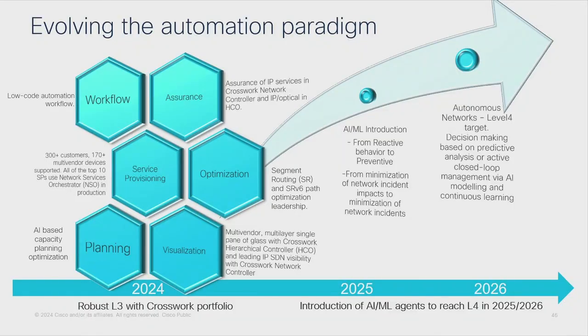And from minimization of the network incidents impact to the minimization of network incidents themselves, in order to reach in the year after, in 2026, a complete level 4 compliance with decision making based on predictive analysis or active loop management, and so on and so forth. So this is the path that we are planning to follow with our portfolio.